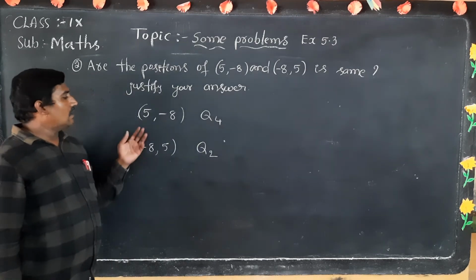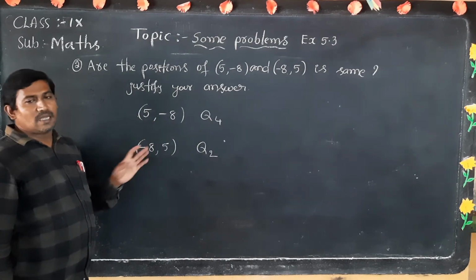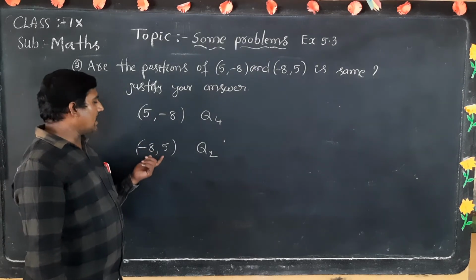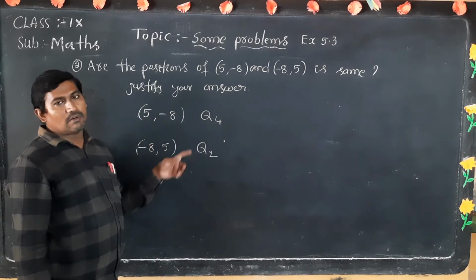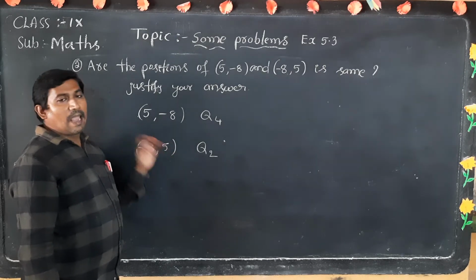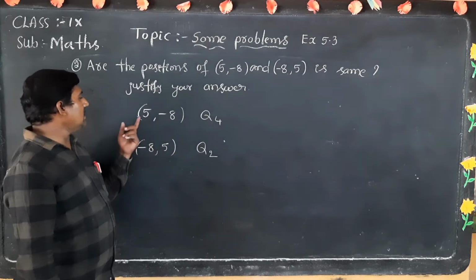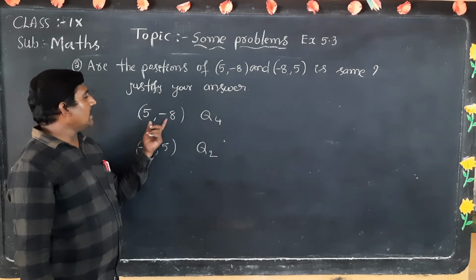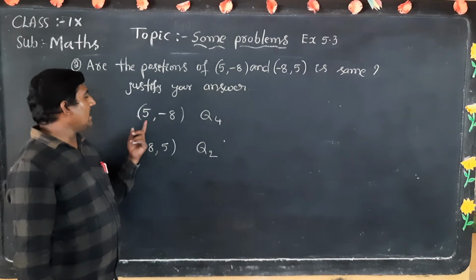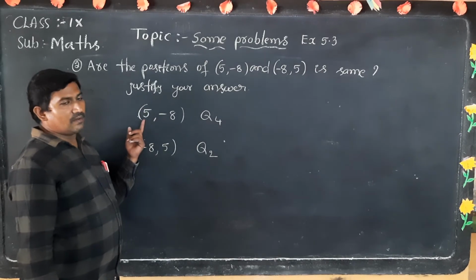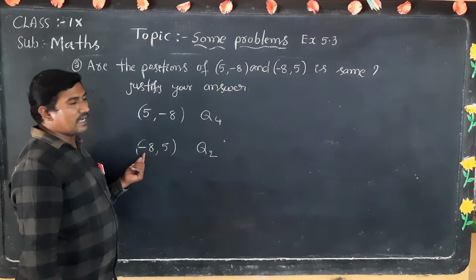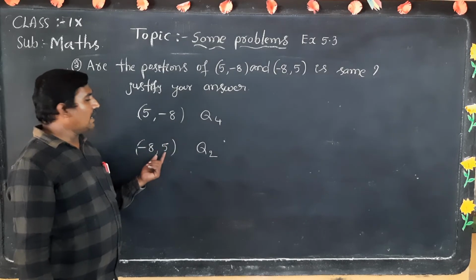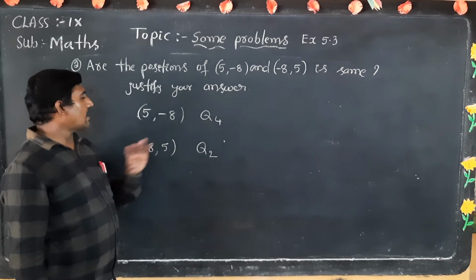So actually these two points are not equal. Why? Because one is located in the second quadrant and one in the fourth quadrant. And check the values: in x comma y, the abscissa is 5 here and -8 there, and the ordinate is -8 here and 5 there. So not at all equal.